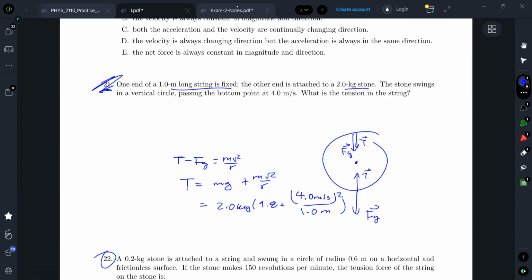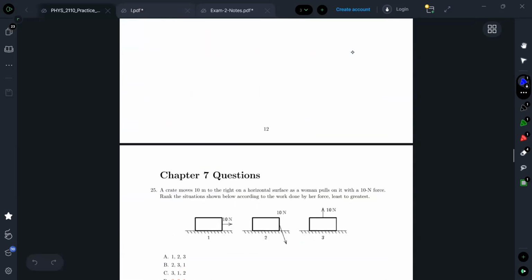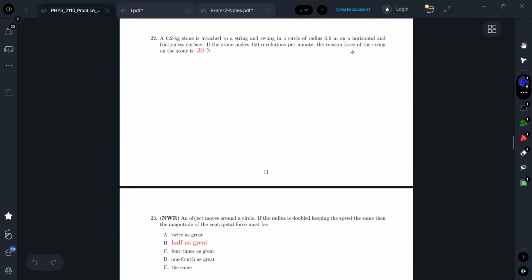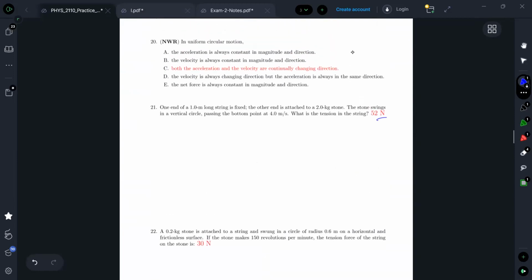So that's 16 plus 9.8, times 2, 52. Just since I said I'd do it. And let's hope that one's right. Okay, so yeah, that was half as great. And then 52. All right, and then let's check if we get 30 for this one.